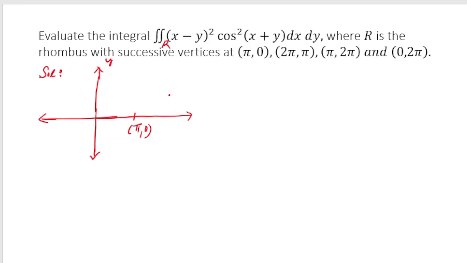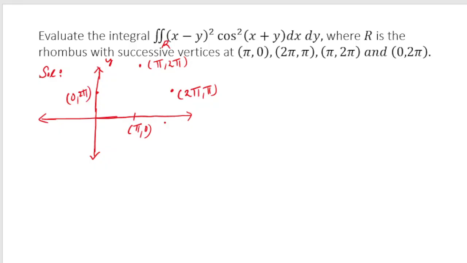So we have this (2 pi, pi), somewhere around here, then (pi, 2 pi) somewhere around here, and then (0, 2 pi), something like this. So this is (pi, 0), this is (2 pi, pi), this point is (pi, 2 pi), and this point is (0, 2 pi), right?